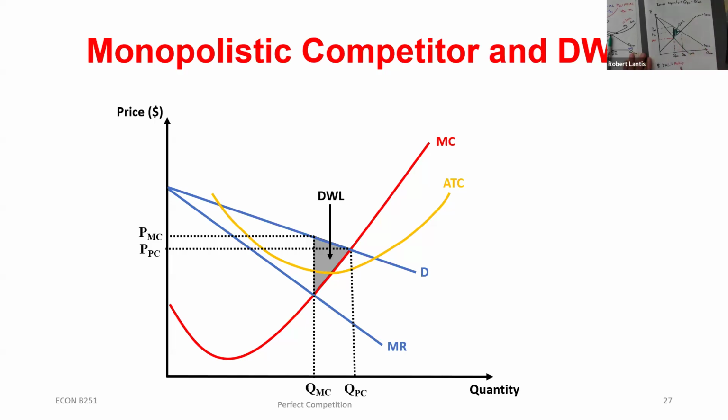What is the base of this triangle always going to be? The difference between the quantity the monopolistic competitive market chooses and the perfectly competitive market. So here, the base of this triangle is always going to be our excess capacity, right? And then we have linear supply and demand curves, so we always have to multiply this by 1/2, right?